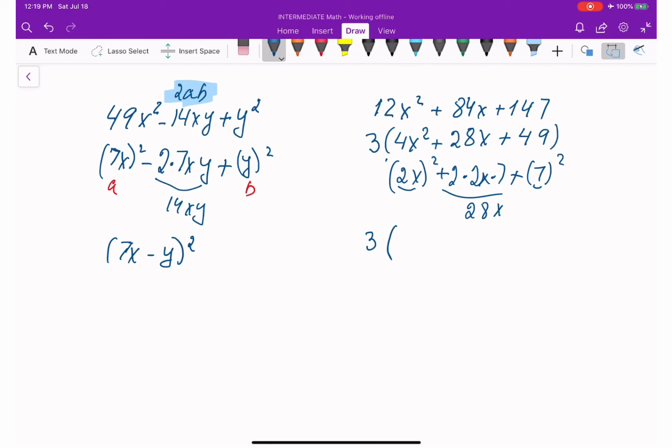Okay. So I can put a square bracket and put here this 3 moved down, so you wouldn't wonder what happened to 3. So 3 stays, and I will have 2x plus 7 squared. That's all. We good? So let me solve one more like that.